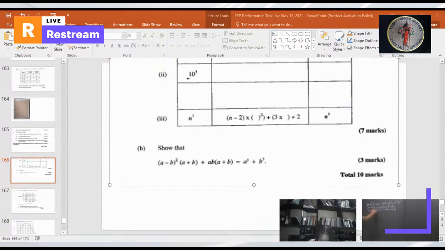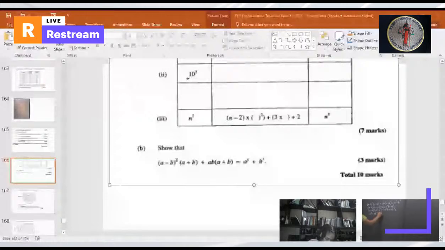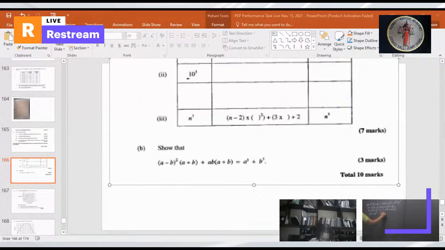So multiply these. We have a times a squared is a cubed. A times minus b squared is minus ab squared. Negative b times a squared is negative a squared b, and negative b times negative b squared is positive b cubed, and then we have this.